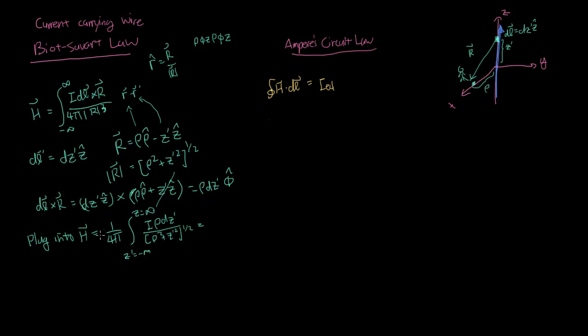And let's pull all the constants out. So we're going to be left with I rho in the phi direction, oops, I forgot the unit vector here, over 4 pi.